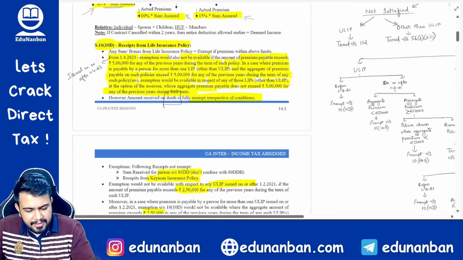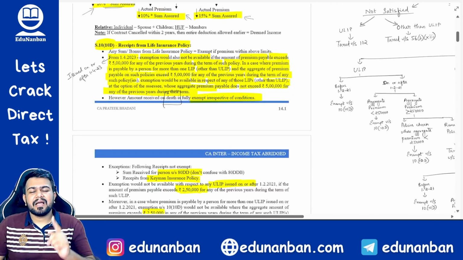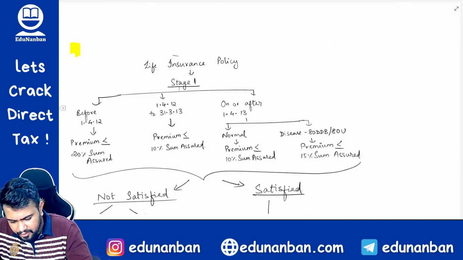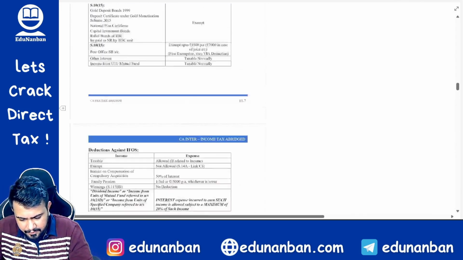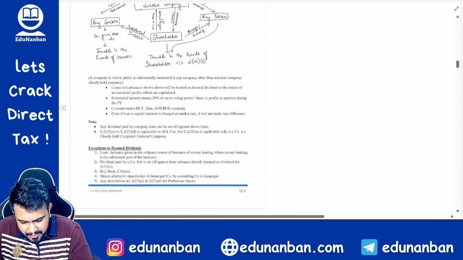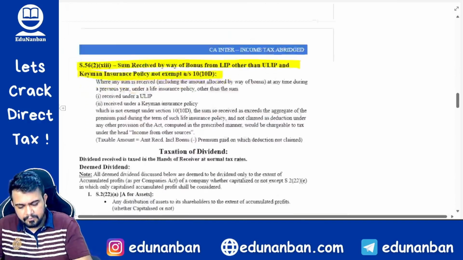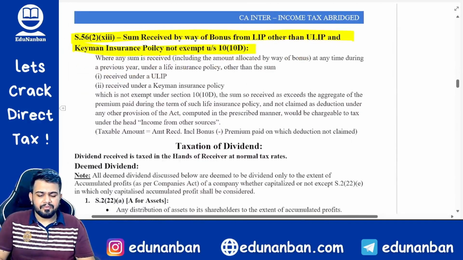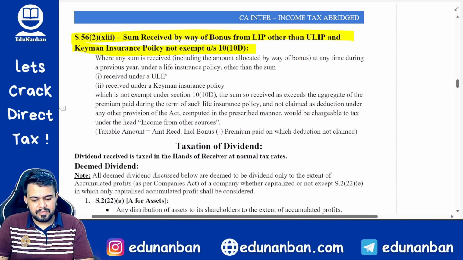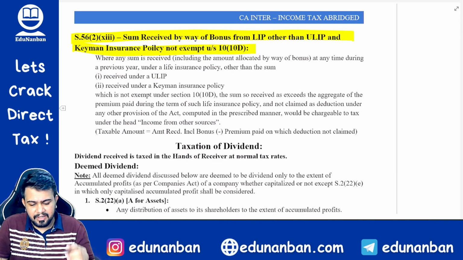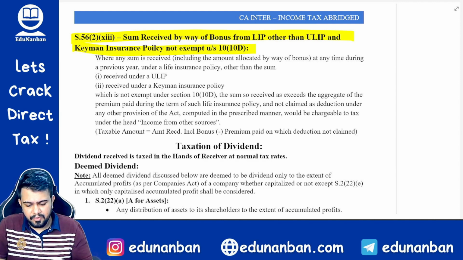Fine. Now let us learn the new section that has come under the income from other sources chapter, relating to this life insurance policy, which is nothing but section 56(2)(xiii). Sum received by way of bonus from a life insurance policy other than ULIP and Keyman insurance policy, which was not exempt under 10(10D). Let us study the provision.